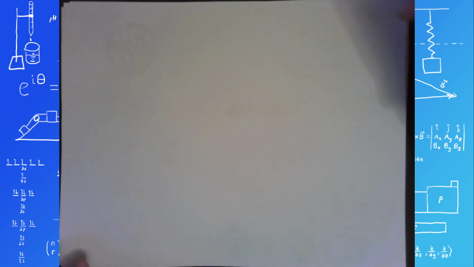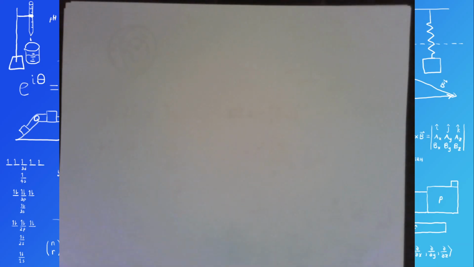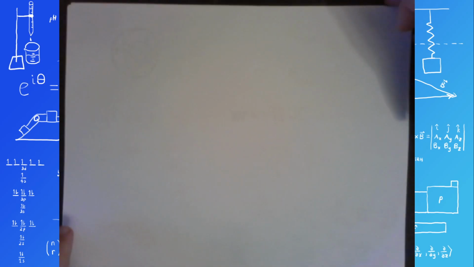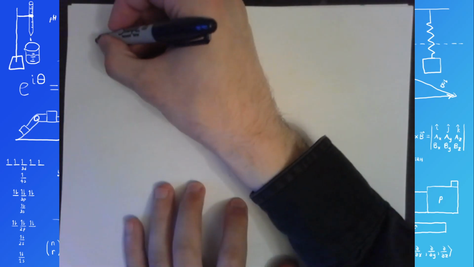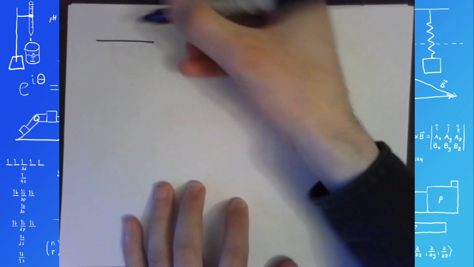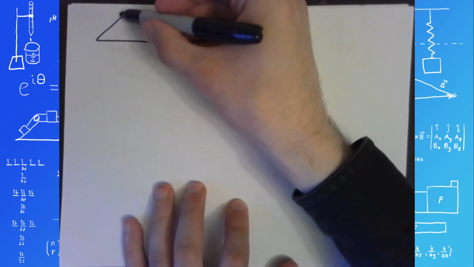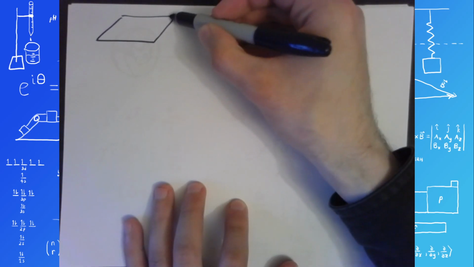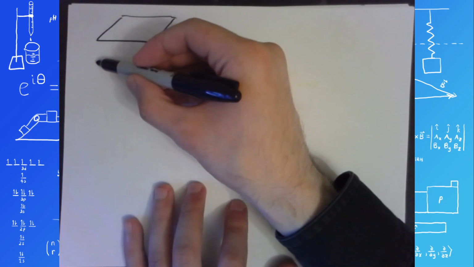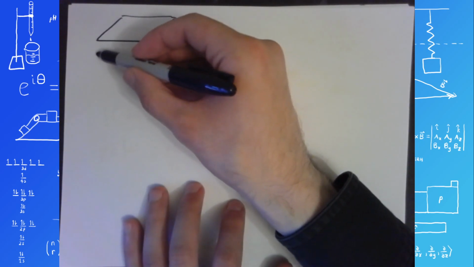Okay, what happens if I add a conductor between the two plates of a parallel plate capacitor? So here's another parallel plate capacitor for us, but this time I'm going to slip a conductor in between.